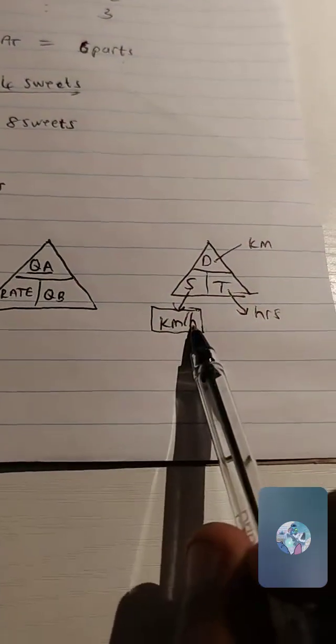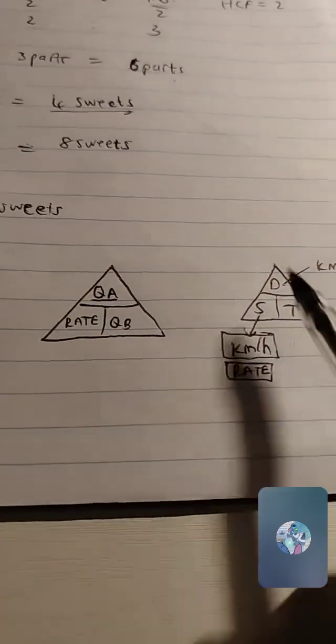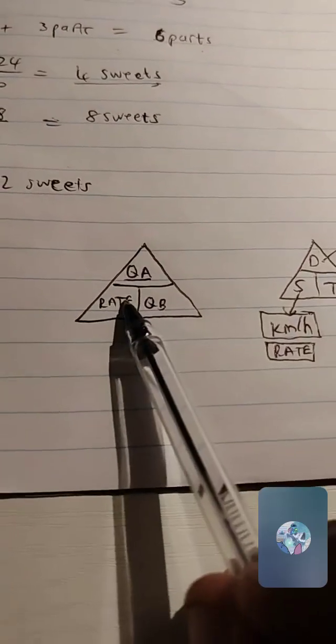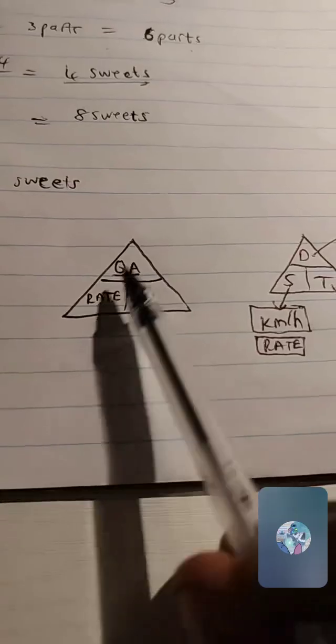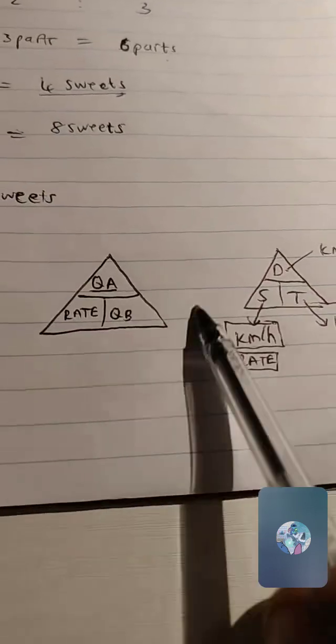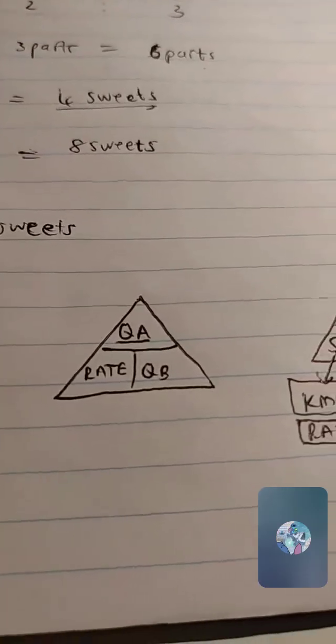The combination of both is manifest in speed, hence we call speed a rate. So generally, for any rate you'll have quantity A and quantity B here. This is a specific example, whereas this accommodates any other general example you get exposed to.